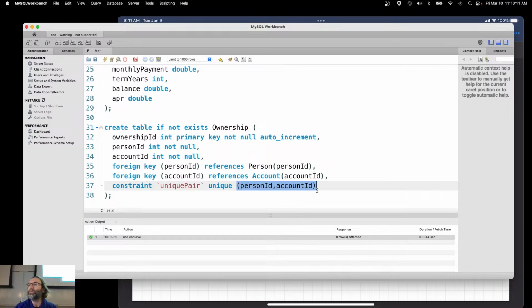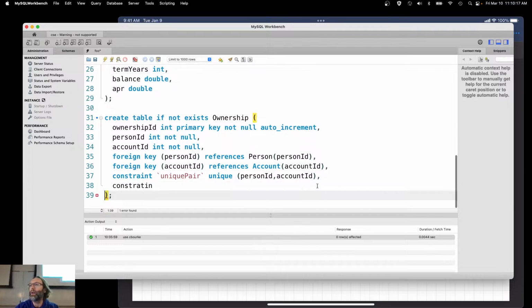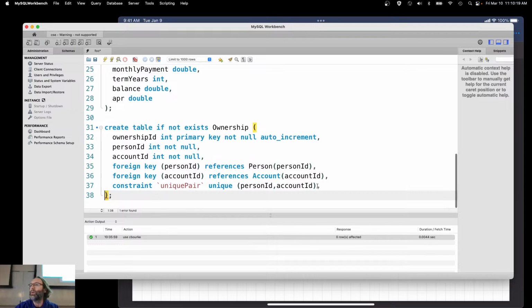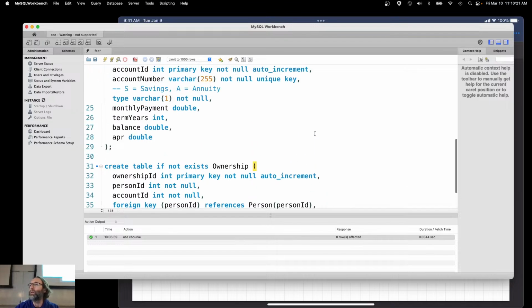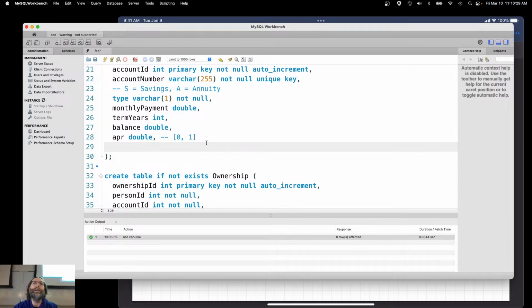Okay. Another type of constraint that you can add to all this is what's called a check constraint. I'll do it up here, not on this one, but on this one. So remember that APR is going to be on the scale of 0 to 1, right? You can kind of enforce that using a check constraint.